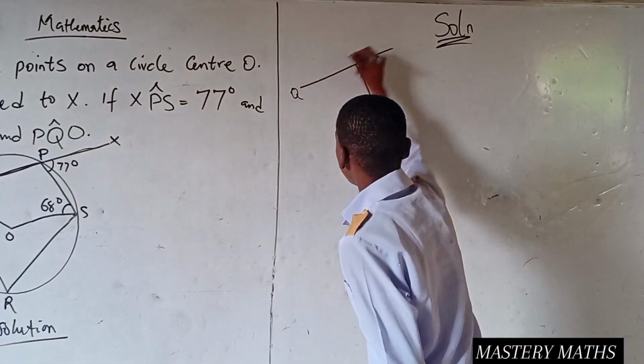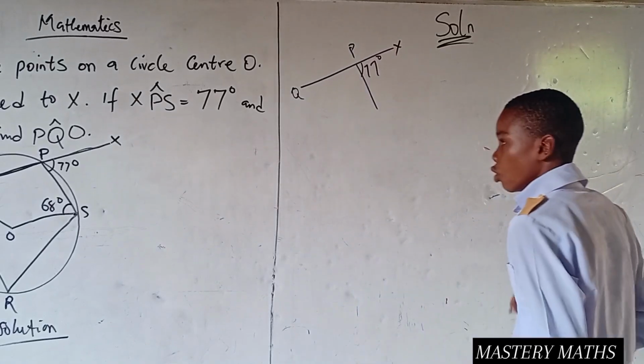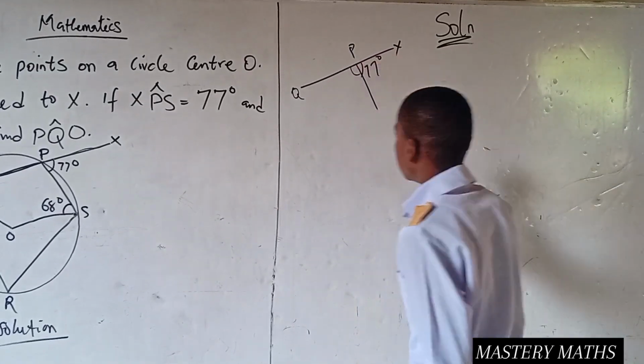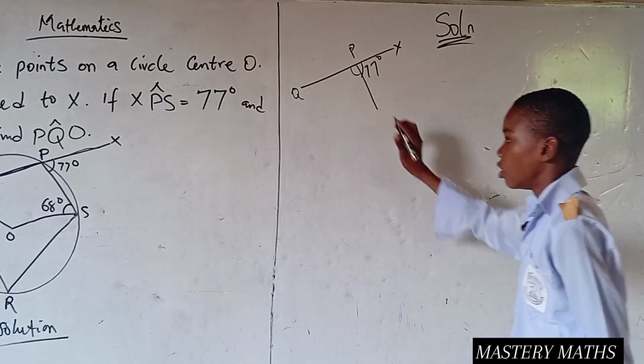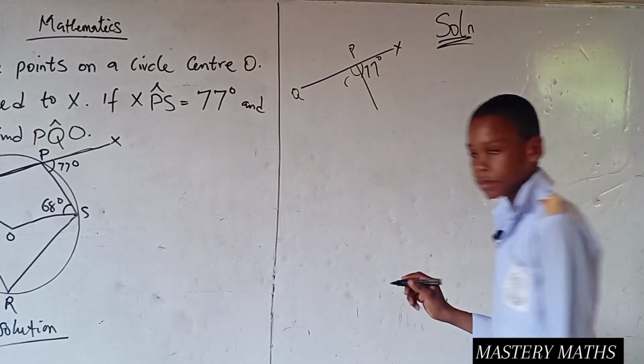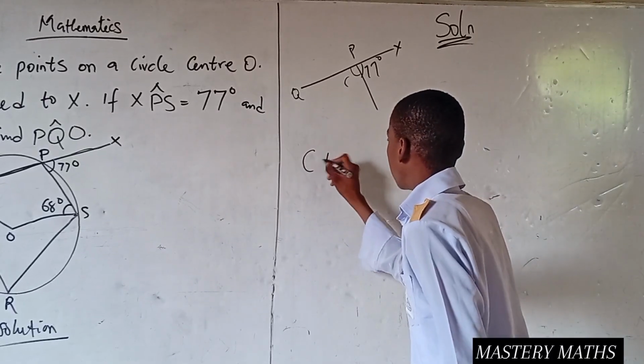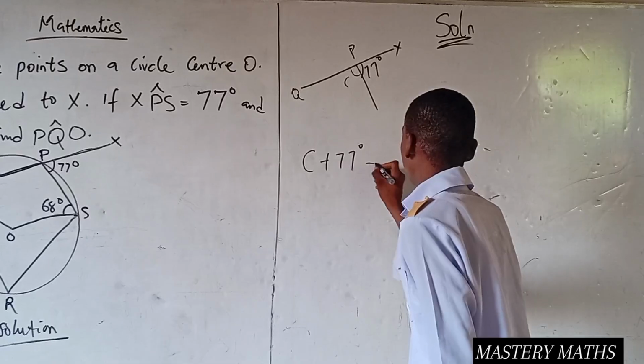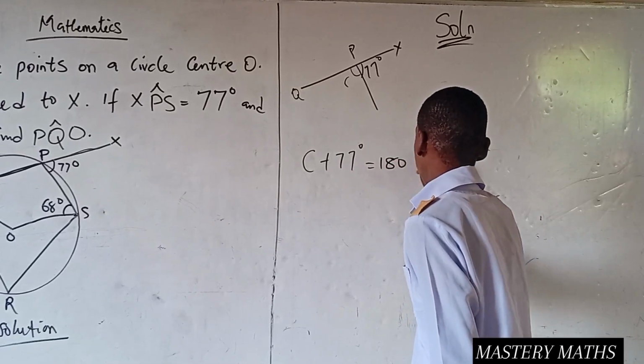So Q, P, X. Let's just call here C to get this other side. So C plus 77 degrees is equal to 180.